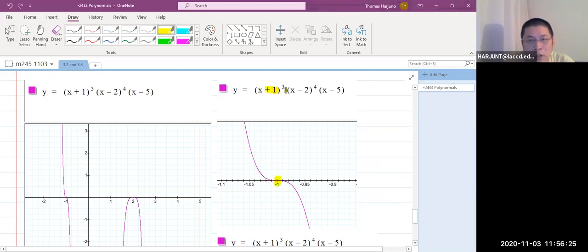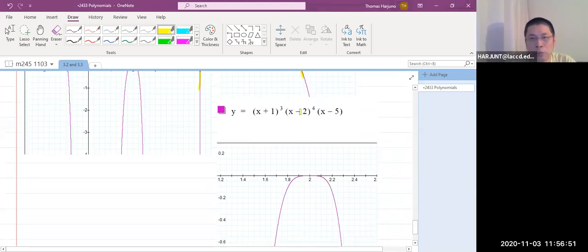At -1, it's a multiplicity of 3, so it behaves like a cube. It's not crossing straight like that. It kind of turns, right? It behaves like x cubed. Now at x equals 5, it is a zero with simple multiplicity, so when it crosses, it crosses just like a line. At 2, it has multiplicity of 4, and with even multiplicity, it will not cross, but it will touch, right? But when it touches, it will touch like an x to the 4.